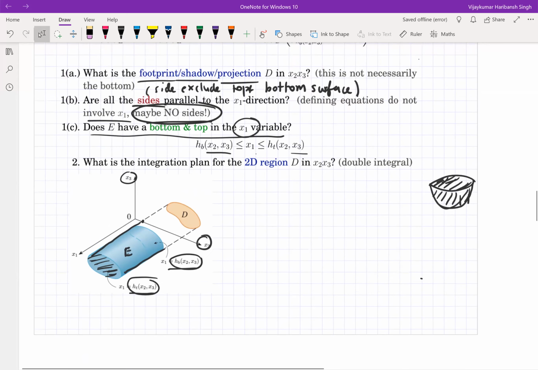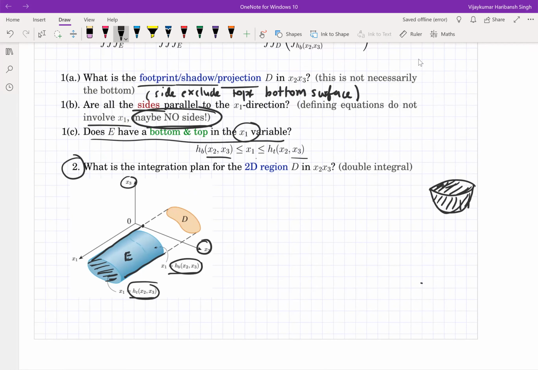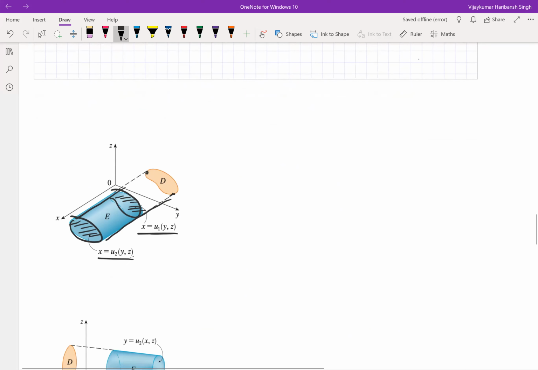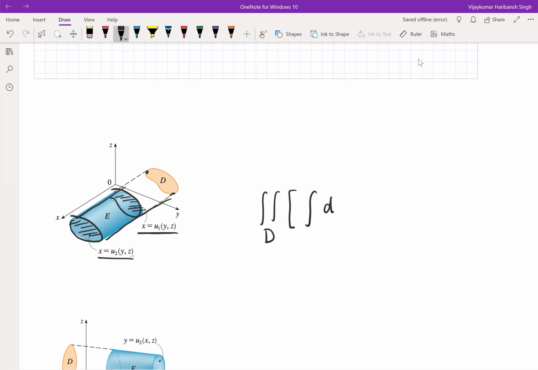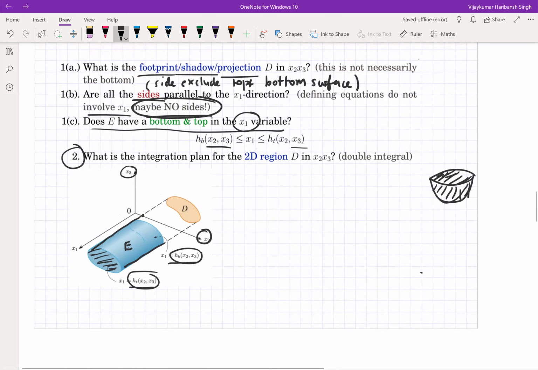Now the last question is, what is the integration plan for 2D? Well, in this case, we don't know the specific shape of D, but nevertheless, I can write this as integration over D, and the inside integral depends on whether I'm computing f or computing z.